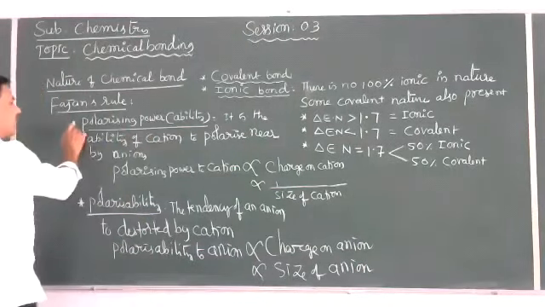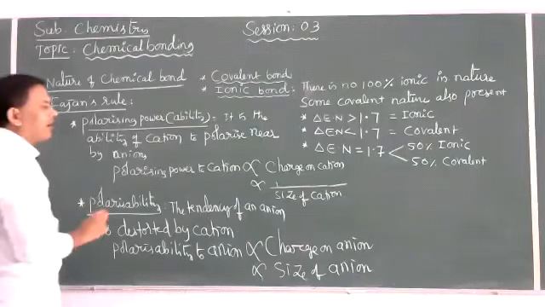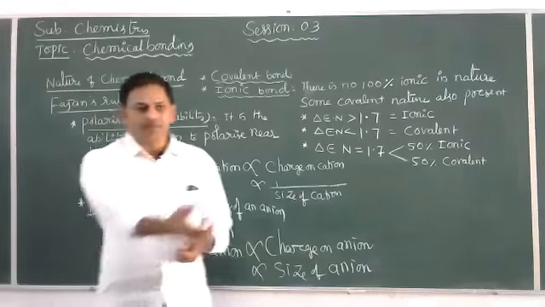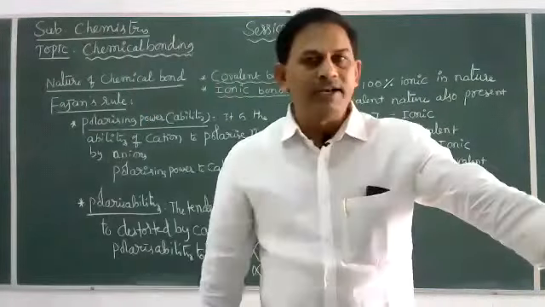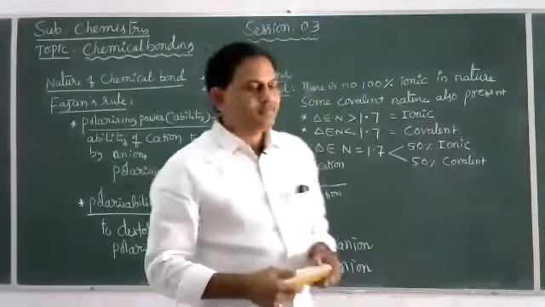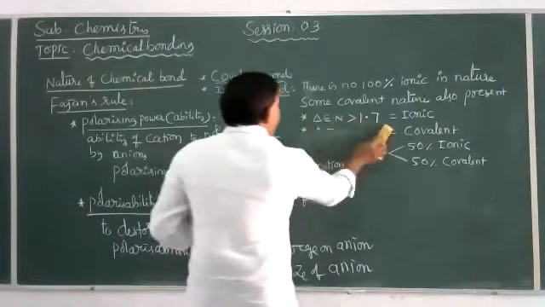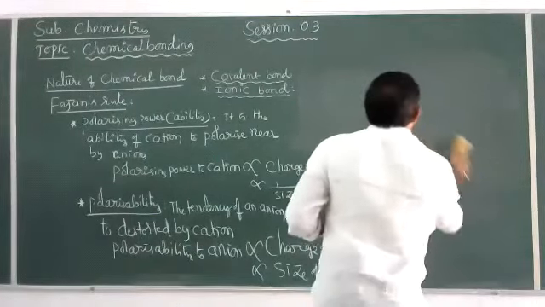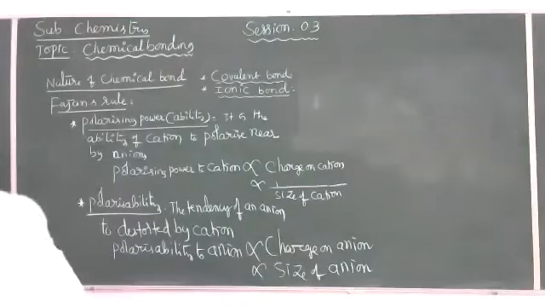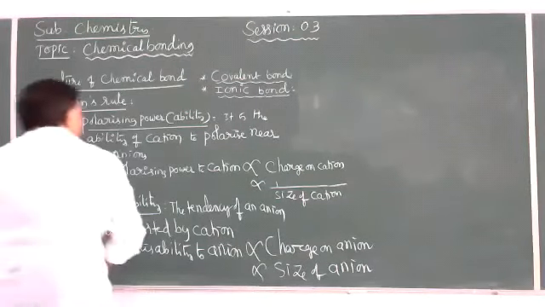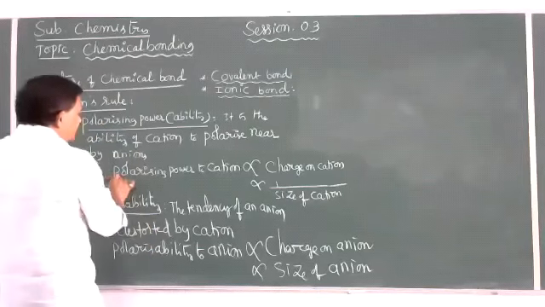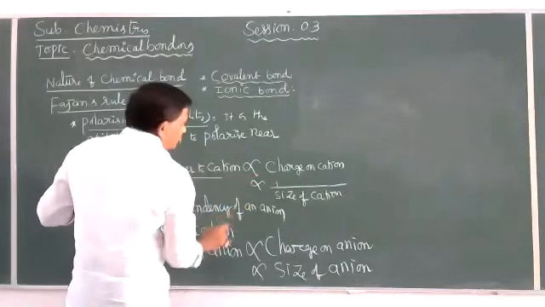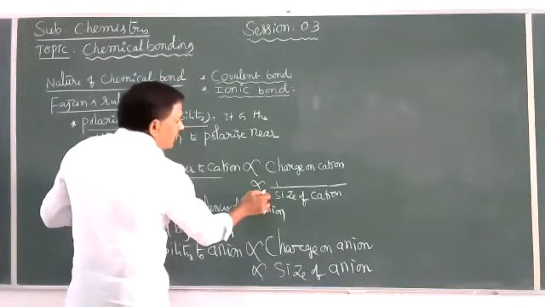So based on the polarizing power and polarizability of cations and anions, we can easily express the ionic or covalent nature. This polarizing power we generally use for cations: charge is directly proportional and size is inversely proportional.